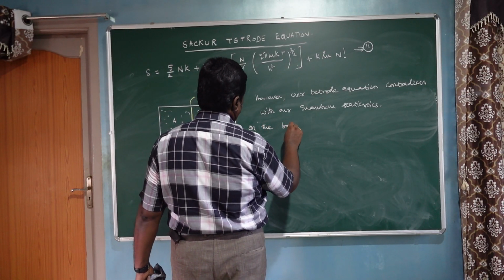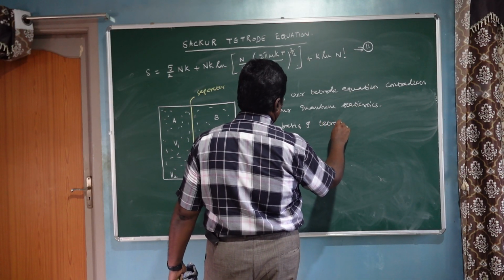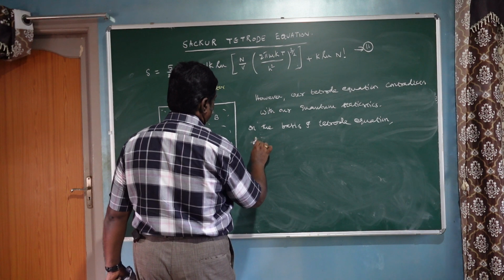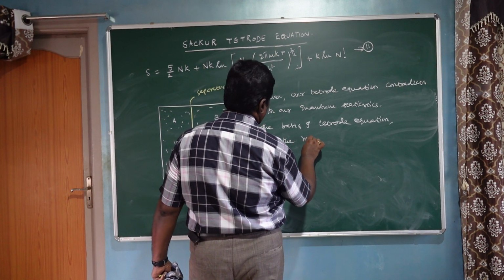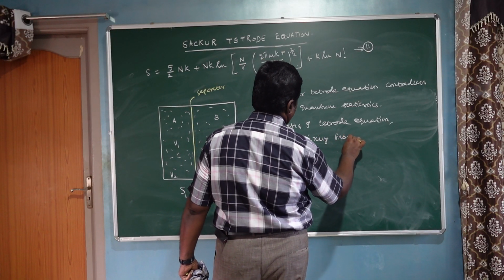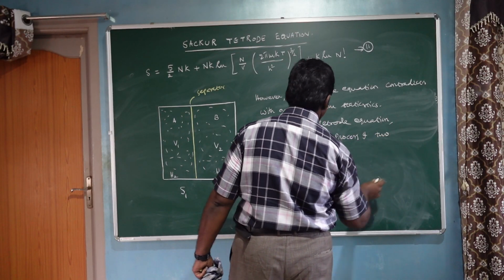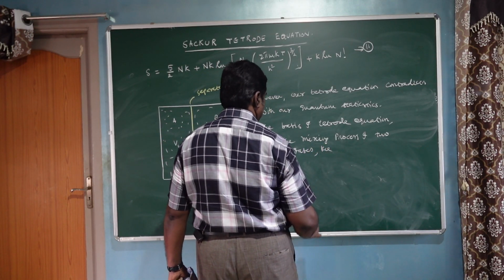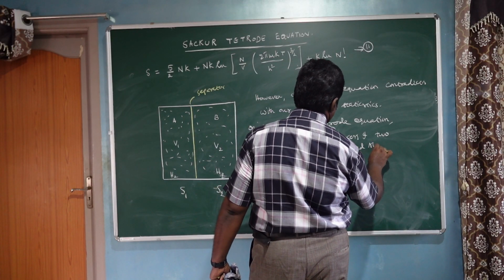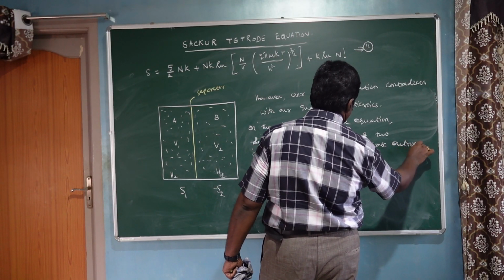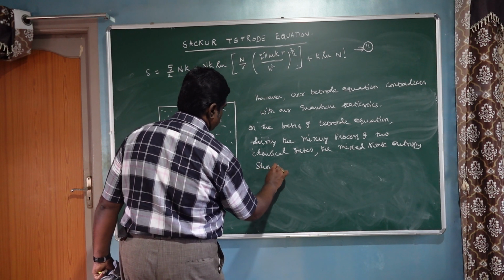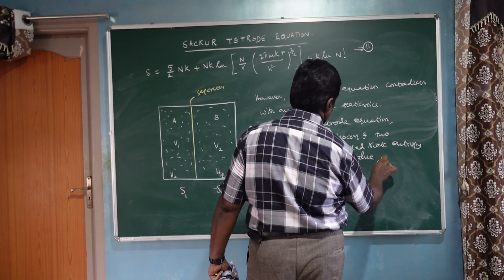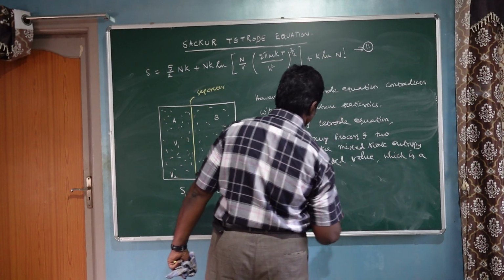On the basis of the Tetrode equation, during the mixing process of two identical gases, the mixed state entropy shows an increased value, which is a paradox.